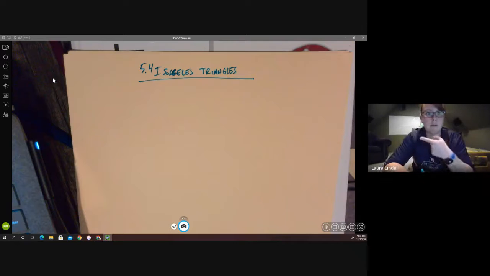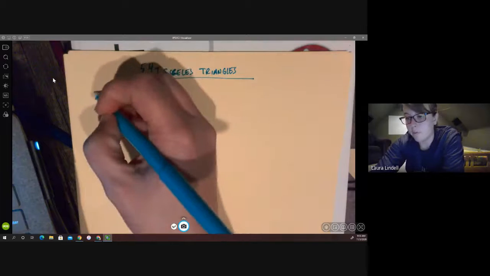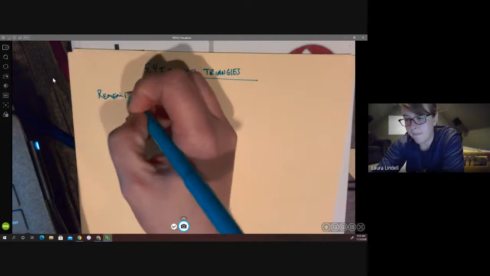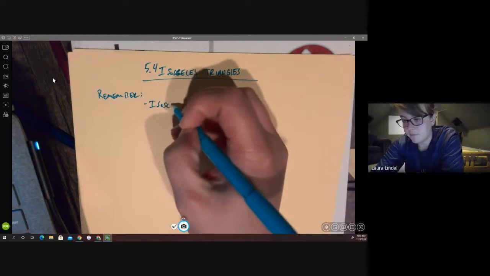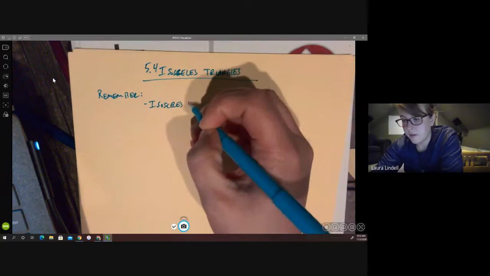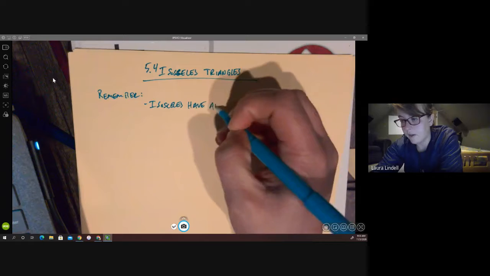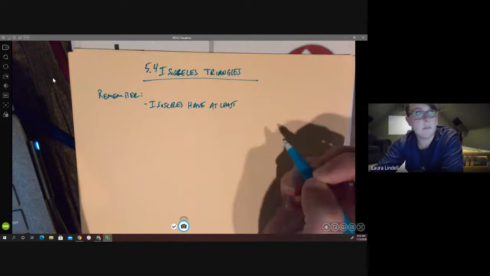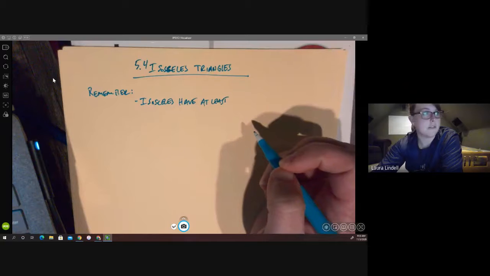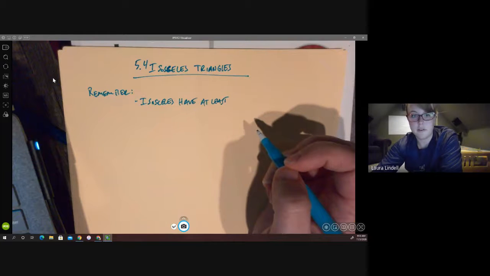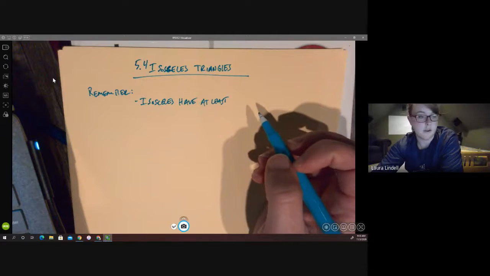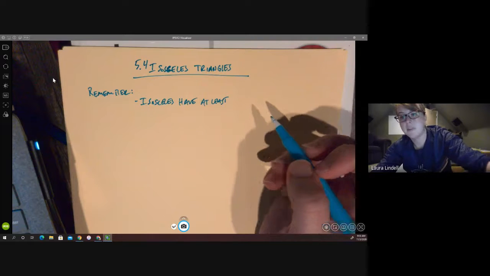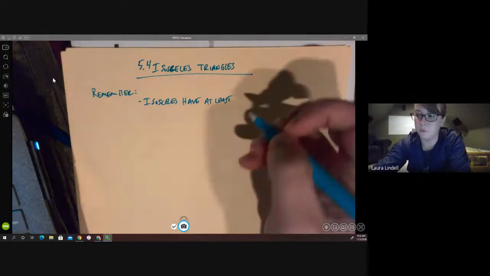So first we want to remember a couple of things about isosceles triangles and equilateral triangles. So remember, isosceles have at least how many congruent sides? Remember? 2.